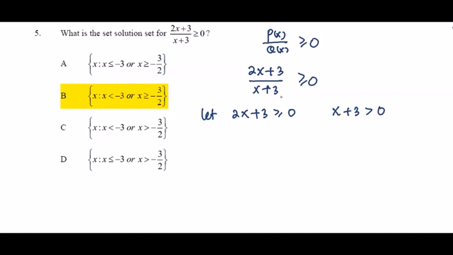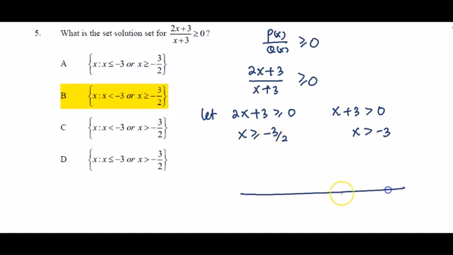Anything divided by 0 will give you a math error. So the numerator can equal 0, but the denominator always cannot equal 0, although here the inequality has equals. So we have x greater or equal to negative 3 over 2, and x greater than negative 3.